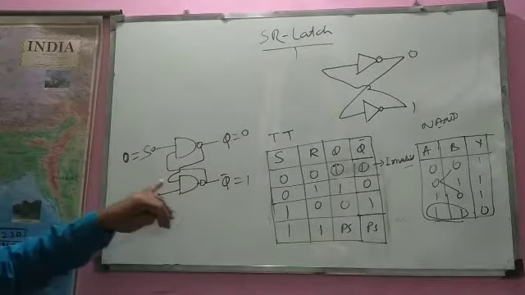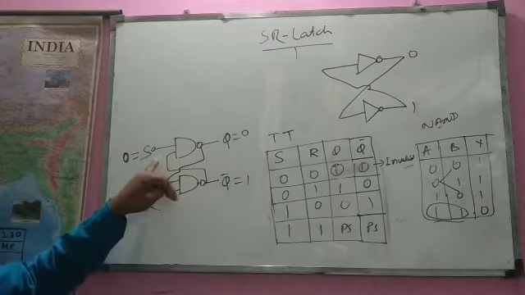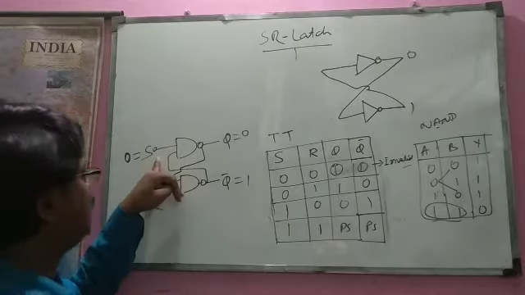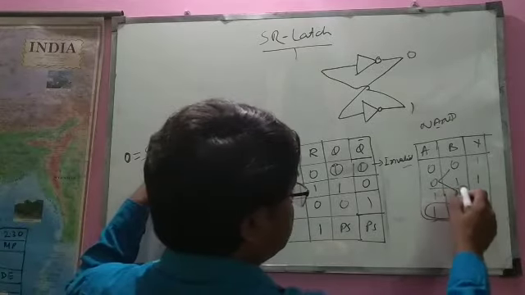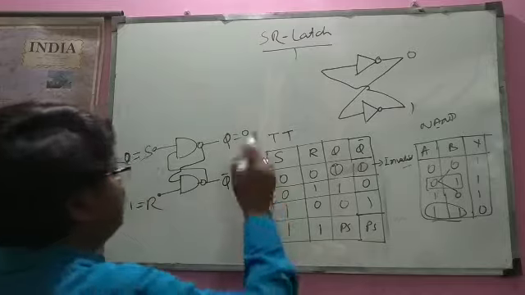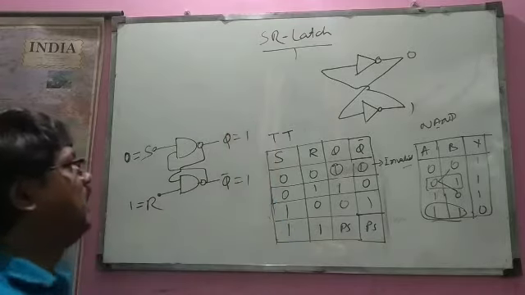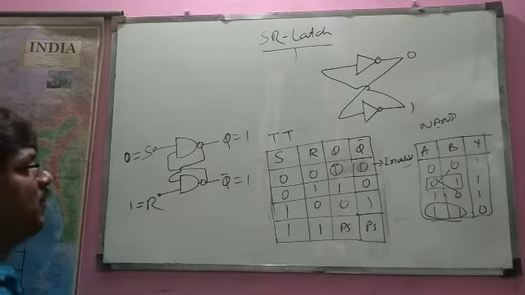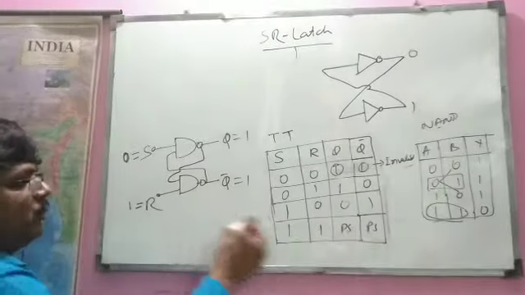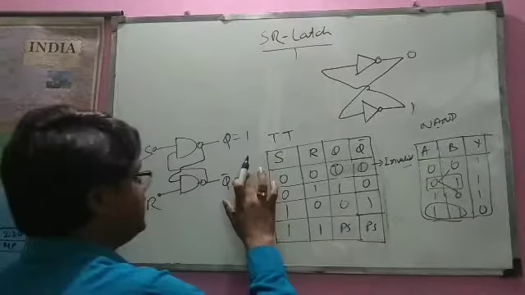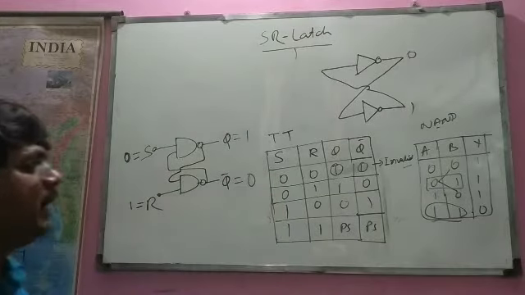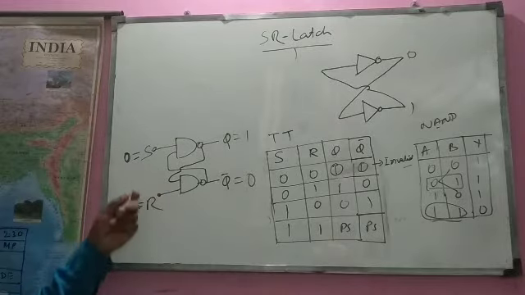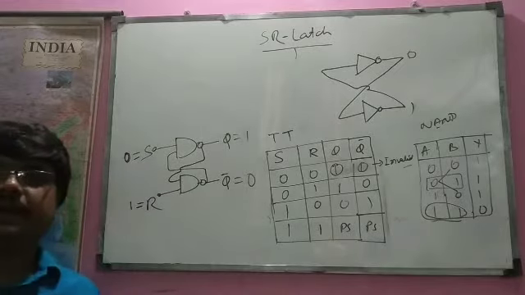Let us suppose this is 1. It is 1 coming from here, 0 is coming from here. So this is 0 1. So what will be the output? 1. That is very simple. And this 1 will come here, and this 1 is coming from here. What will happen? 1 1 will be there, and it will change to 0. Now I have changed its output by just giving the supply to S and R.